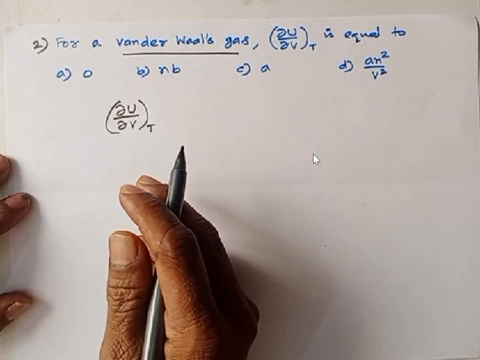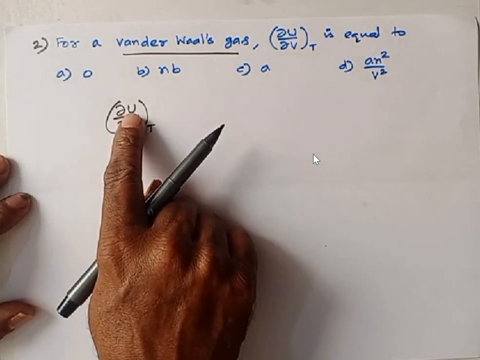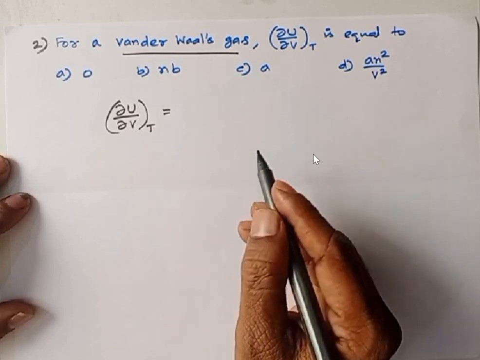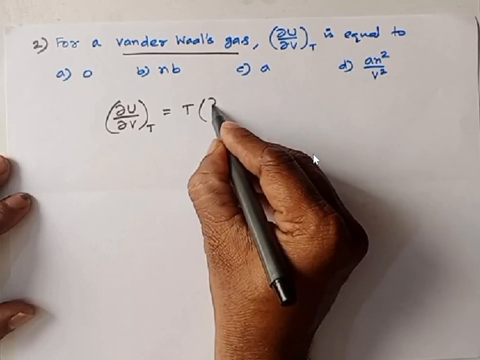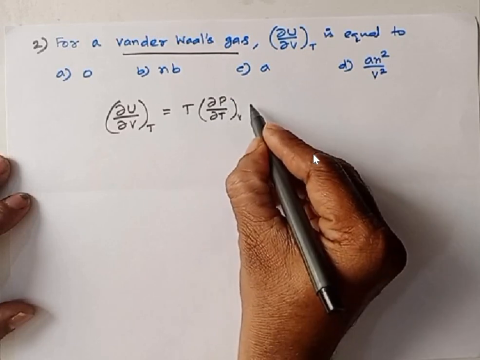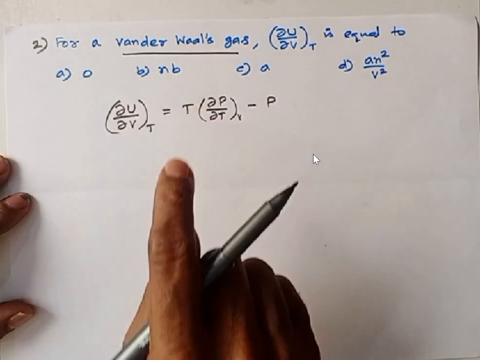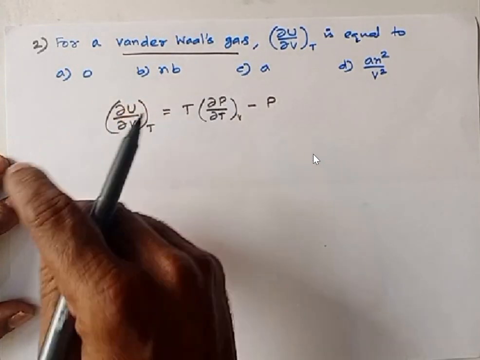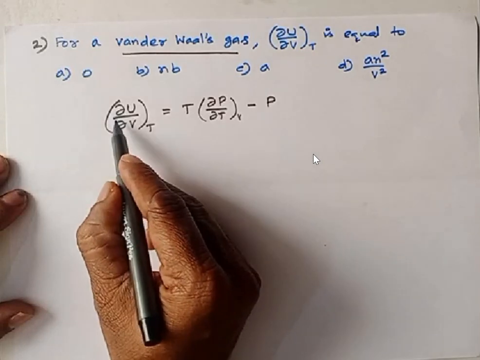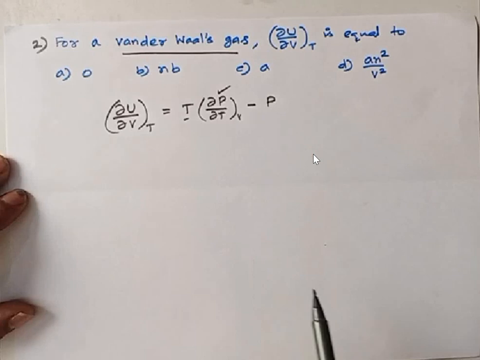You know very well, according to standard thermodynamic equations, dou U by dou V at constant temperature equal to, this is actually a standard equation, try to remember this, T into dou P by dou T at constant volume minus P. With respect to internal energy, we have one standard equation. With respect to enthalpy, we have another standard equation. So if you want to calculate this, you just calculate dou P by dou T, multiply by T, then subtract the pressure.